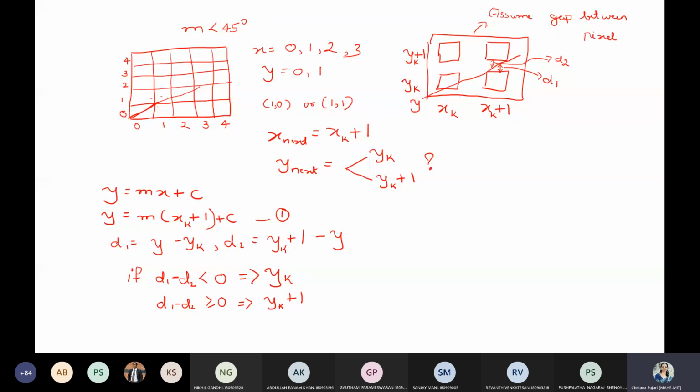You want to decide which pixel to select. If it is less than 45 degrees, your x will always increment in each iteration, whereas for y you want to decide whether you have to increment or not. That is decided based on the distance between the line and the pixel. Wherever the distance is less, that pixel is considered. Okay, can I go to the next slide?